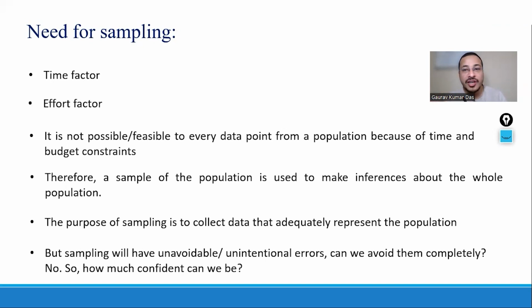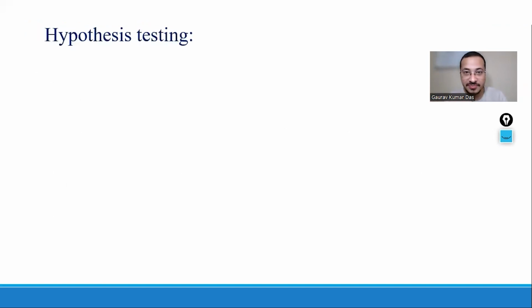We won't be able to avoid it completely. To take into account these unintentional errors or unavoidable mistakes, we do hypothesis testing.